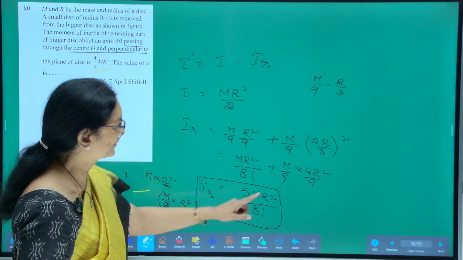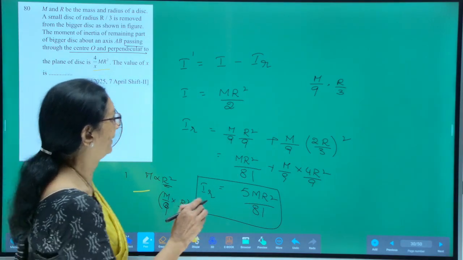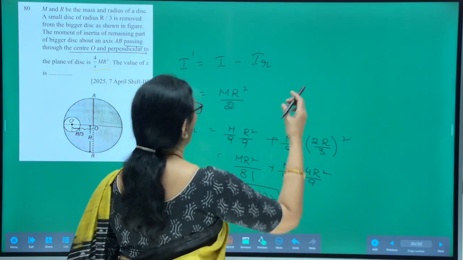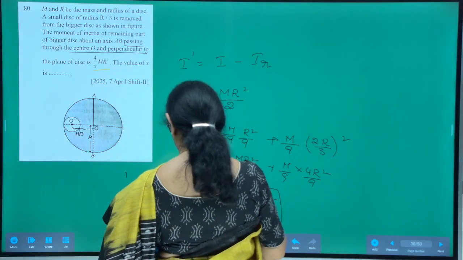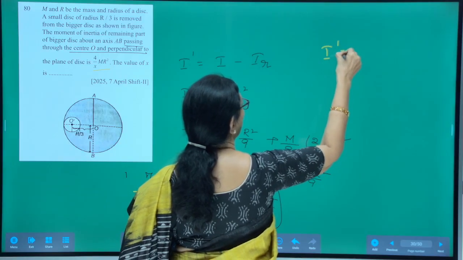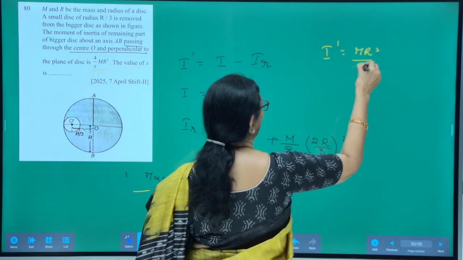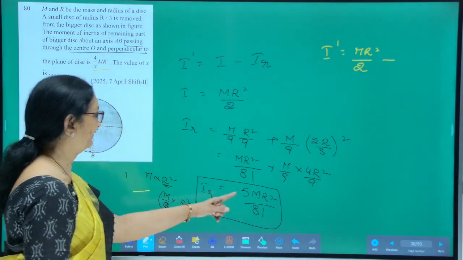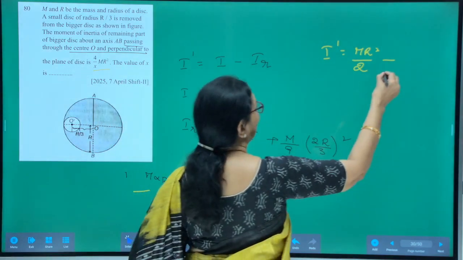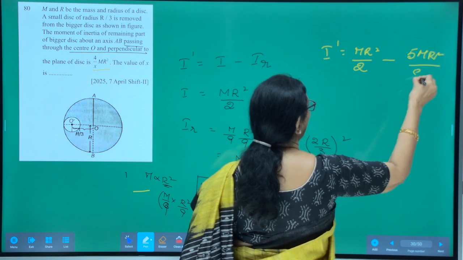So 4r square by 9, so 4 plus 1 is 5, 5 mr square by 81. Now you have to find the moment of inertia of the remaining part. So I dash is equal to I is mr square by 2 minus moment of inertia of the removed part, 5 mr square by 81.